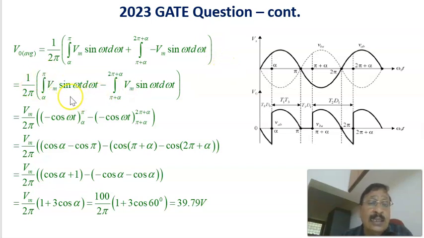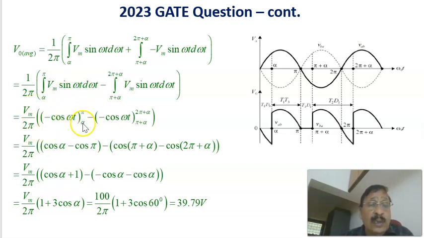That is 1 by 2 pi integral alpha to pi Vm sin omega t d omega t minus integral pi plus alpha to 2 pi plus alpha Vm sin omega t d omega t.